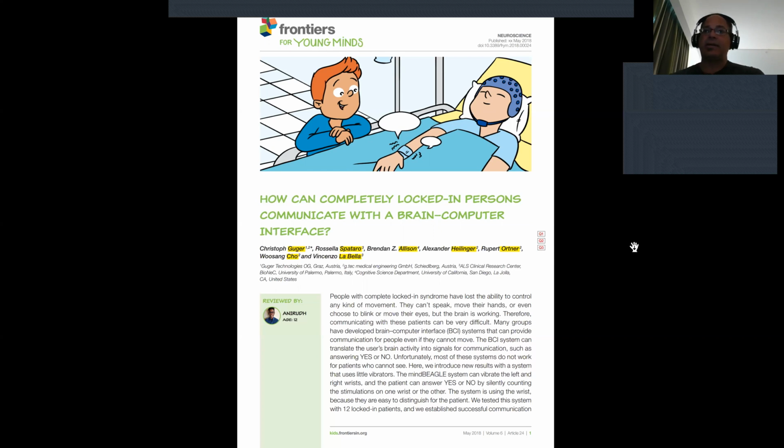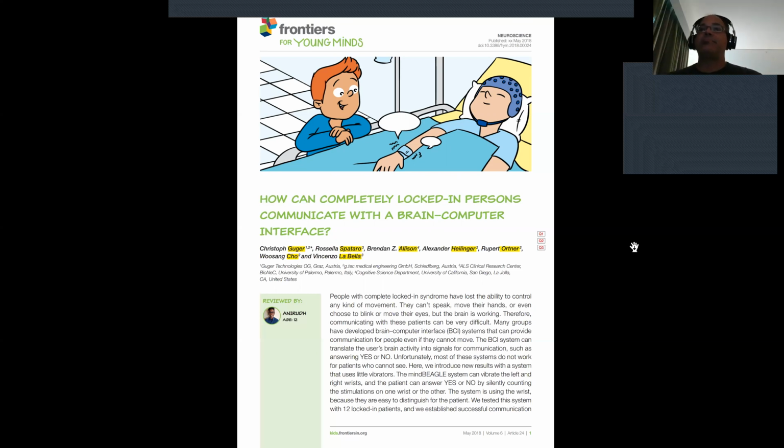And like I said, a key factor of any type of BCI is matching the BCI to the needs and desires of the user, or in this case, the patient. So I've explained how this electrode cap works. And I also want to mention this vibrating tactor on the wrist. So what we did is we put a bracelet on the wrist.